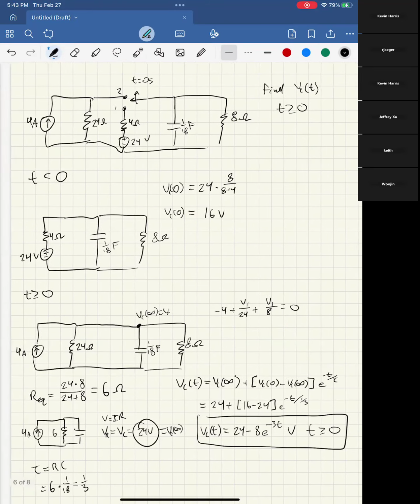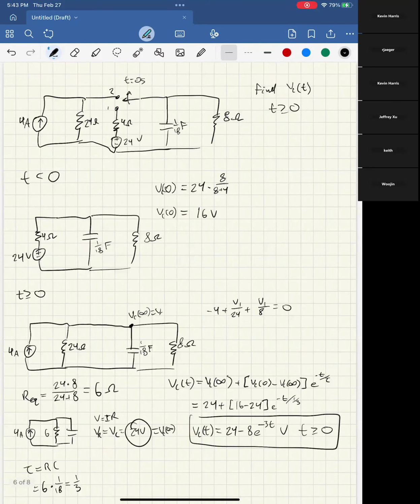For the question with the current source, for t less than or equal to zero, why wasn't the left half of the circuit considered? Because for t less than 0, the switch was like that. So the left half of the circuit, I guess there was current flowing in a loop here, but that would just charge this up to 4 times 24, which is 96 volts.